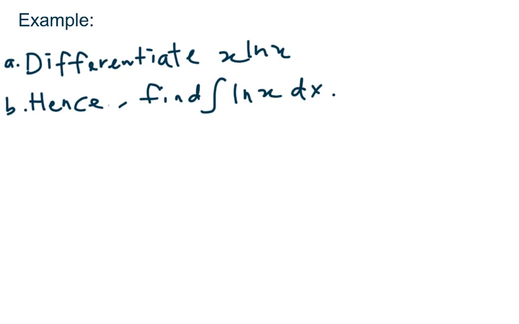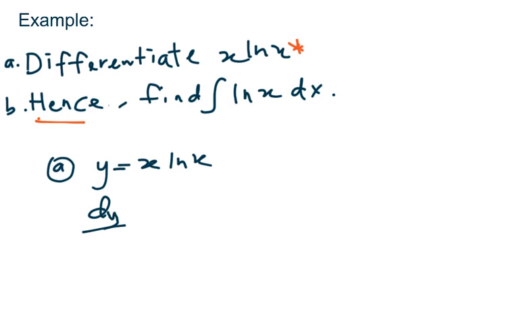For example, let's look at this question. If the question asks you to differentiate x ln x, and then hence find the integration of ln x dx, the word hence here actually tells you that you must make use of the answer that you have obtained in part A to solve part B. So let's solve part A. To solve part A, let y equivalent to x ln of x.